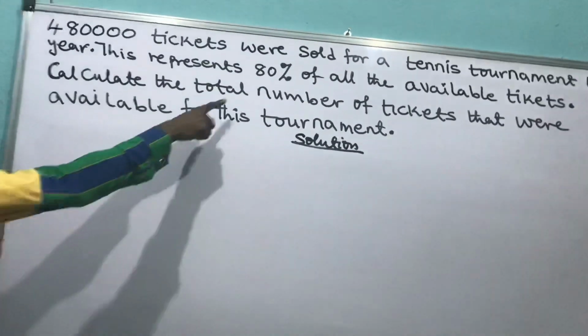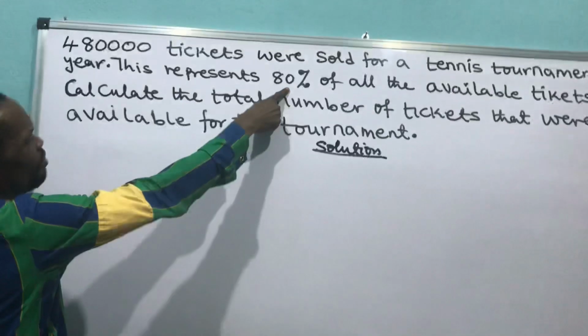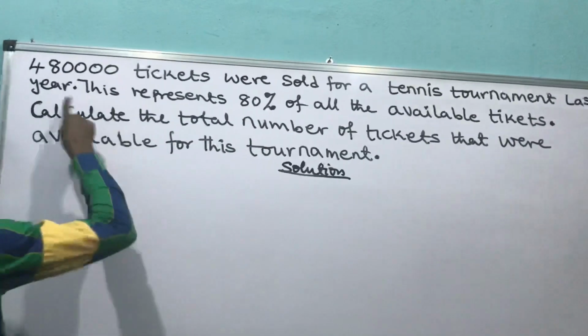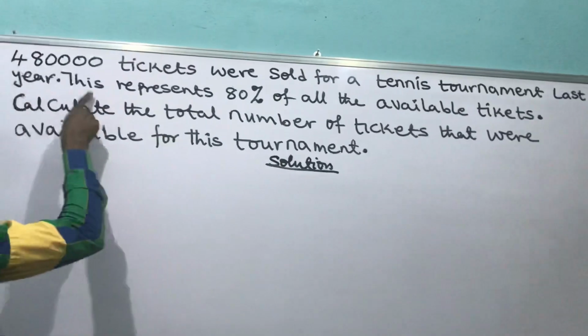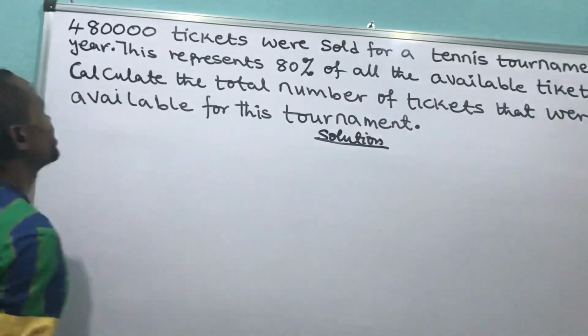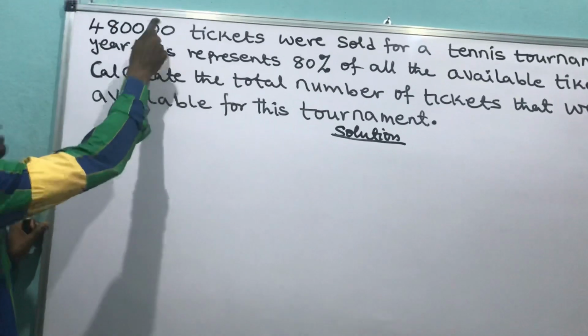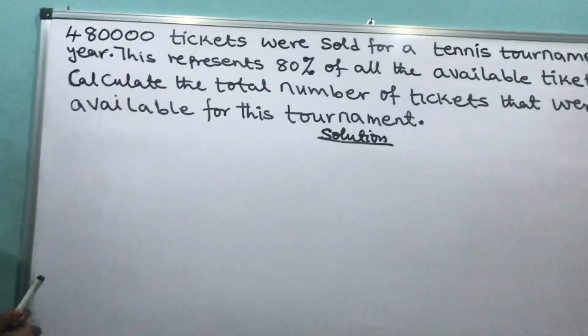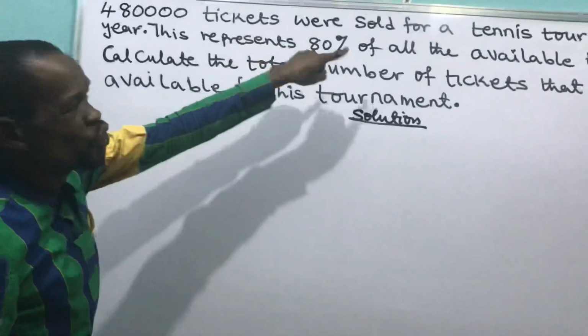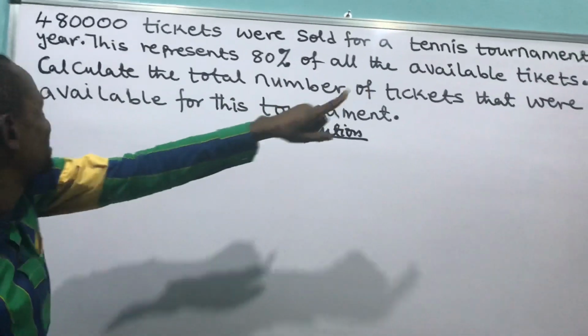We said 80% of this represents, according to the question, 80% of all the available tickets. That's 480,000 tickets were sold for a tennis tournament last year.